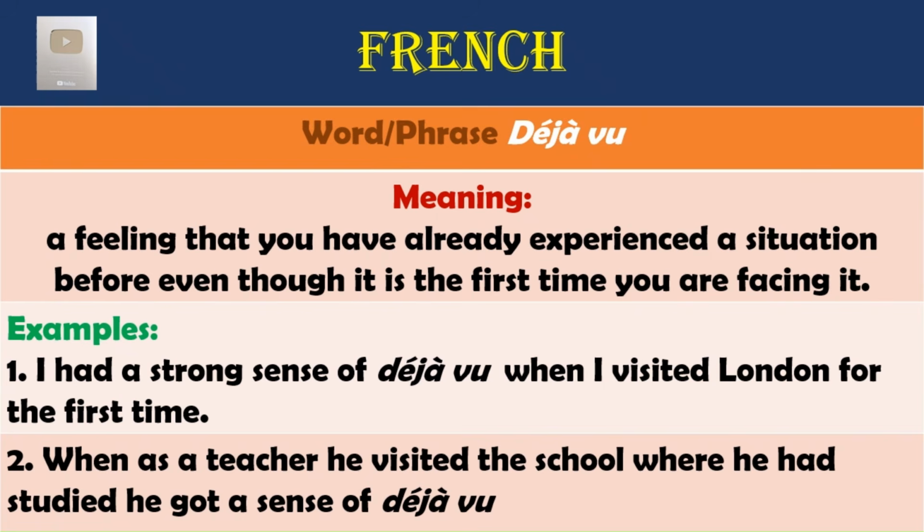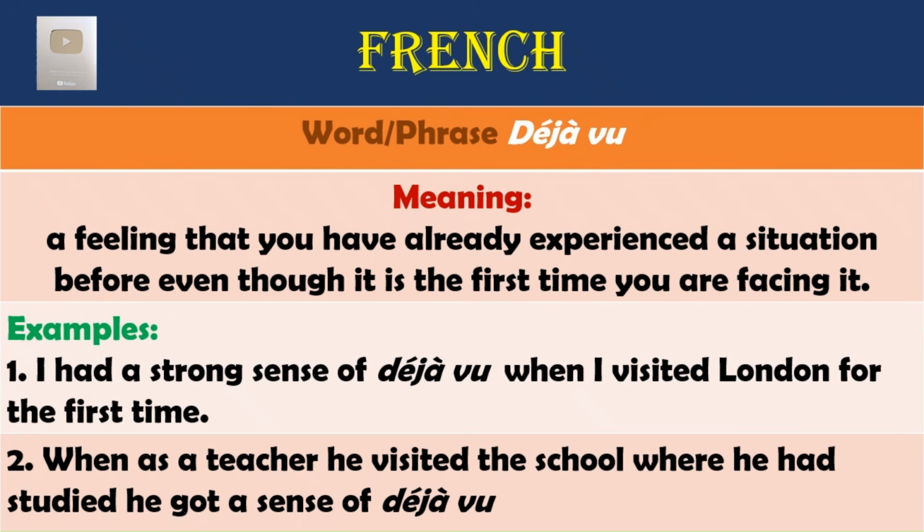Look at this phrase, déjà vu. That is also from French, and you can see that there are certain accent marks on top of the letters that you have to remember. The meaning is a feeling that you've already experienced a situation before, even though it is the first time you are facing it.